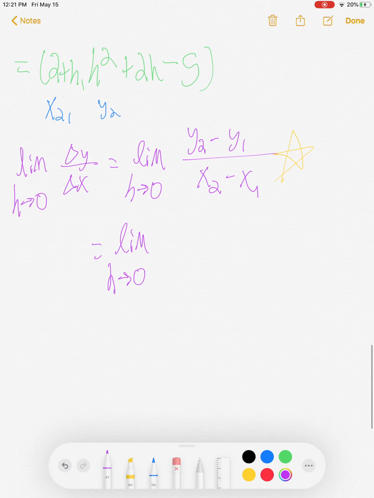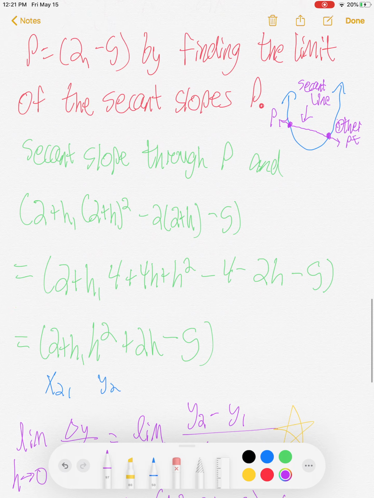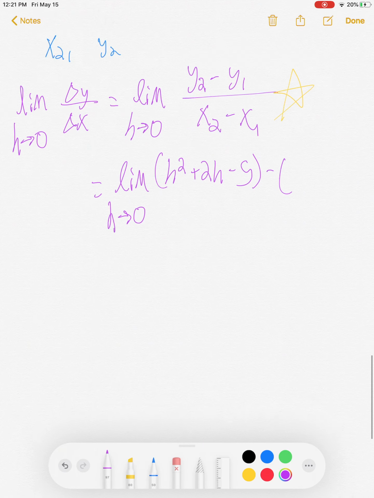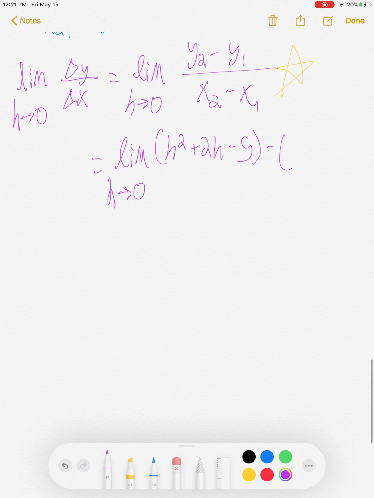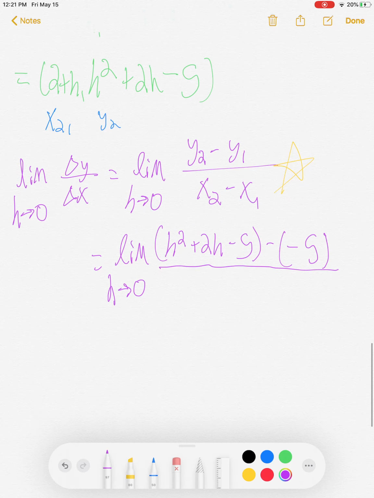Okay, so y2, we're just going to plug in our values now. That's h squared plus 2h minus 5. Then y2 minus y1, where y1 is negative 5, so minus negative 5. Over, now in our denominator I have x2, which is 2 plus h, and then minus 2.